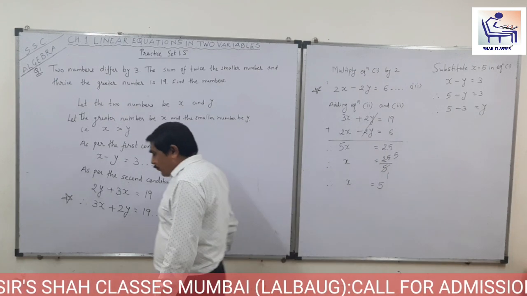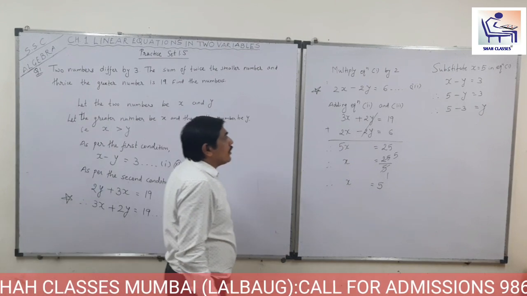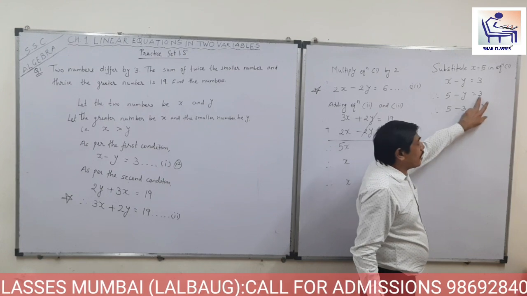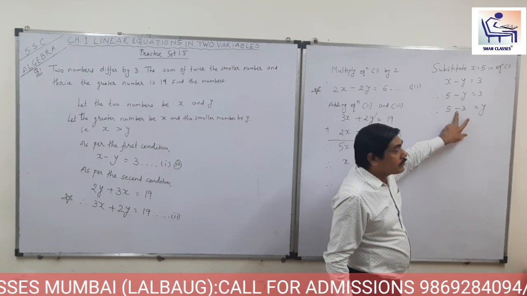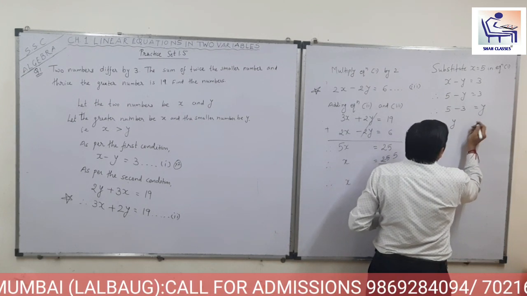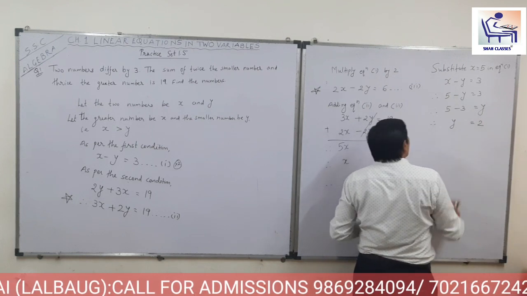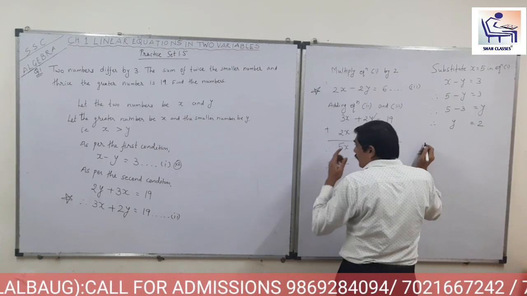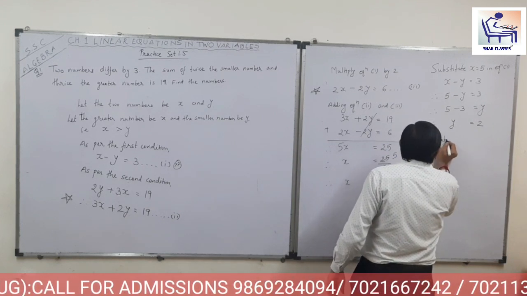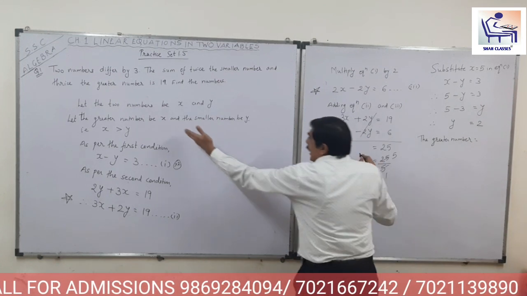Okay. So 5 minus 3 is equal to y. You can see here minus y goes on the other side, it becomes positive, and plus 3 comes to the other side, it becomes negative. So y is equal to 2. That we got the answer. So 5 minus 3 is 2. So y is equal to 2. So here we got the greater number. What is the greater number? Greater number is x.